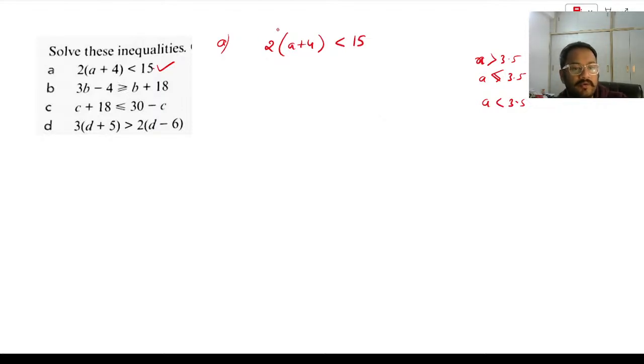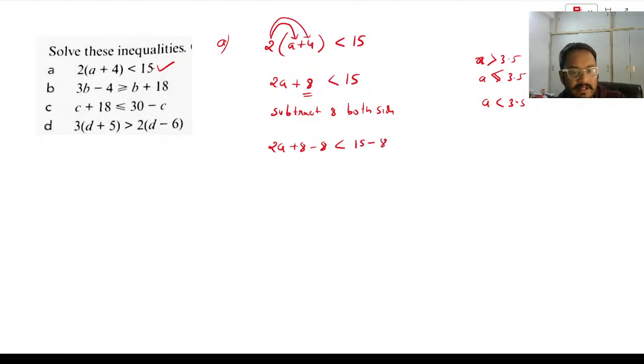Now, what you can do is multiply 2 into a. So it is 2a, and then 2 into 4, that is positive 8, right? And then it is less than 15. Now you can eliminate this 8 first. So subtract 8 both sides. So it will be 2a plus 8 minus 8 is less than 15 minus 8.